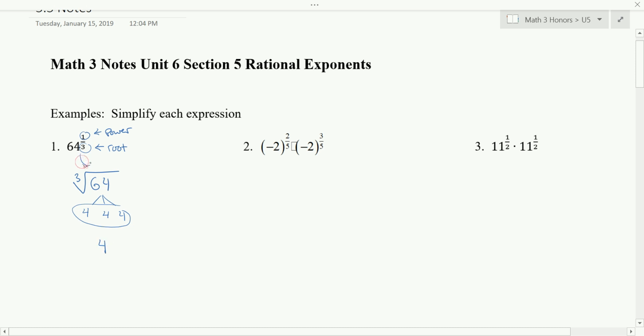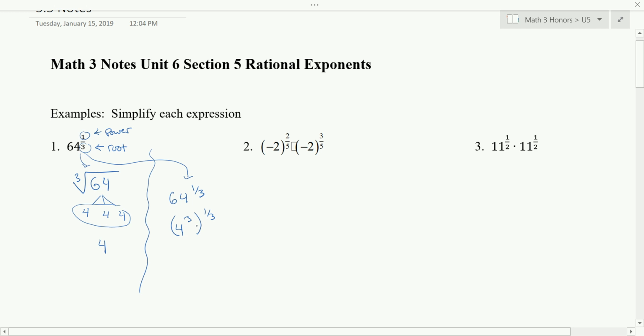Most of these you can handle a couple different ways, so I'm going to be showing a couple different ways because it's good to know both ways. Another approach here is to recognize 64 is 4 to the power 3. So if I have 64 to the 1/3, I can rewrite 64 as 4 to the power of 3, to the 1/3 power.